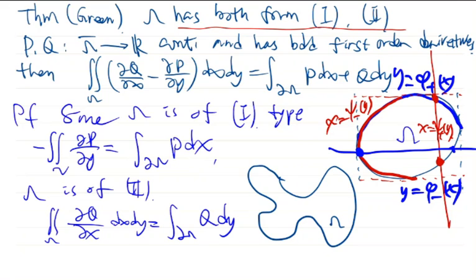But for such omega, we can still apply the Green formula. Why? Because we can divide this omega into several pieces. Each piece is of type 1 and also of type 2. For example, for this omega, we can divide it using some curve.